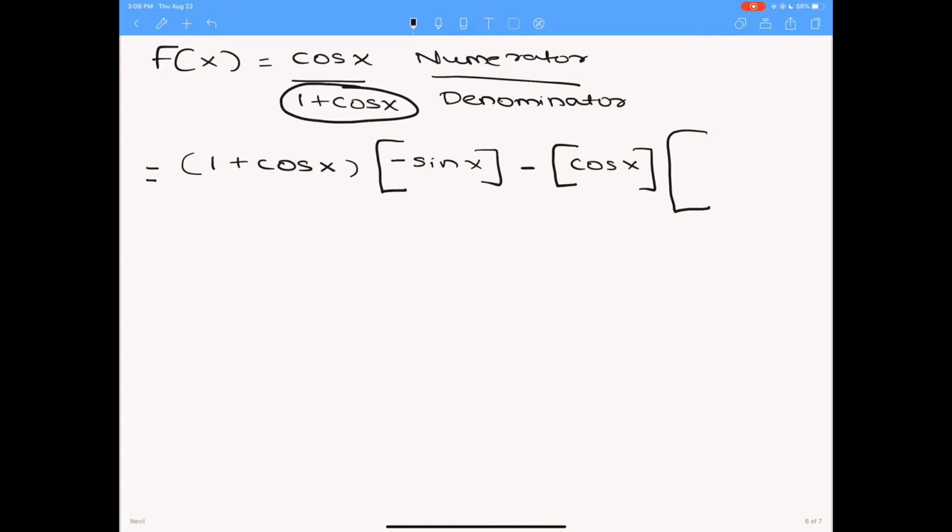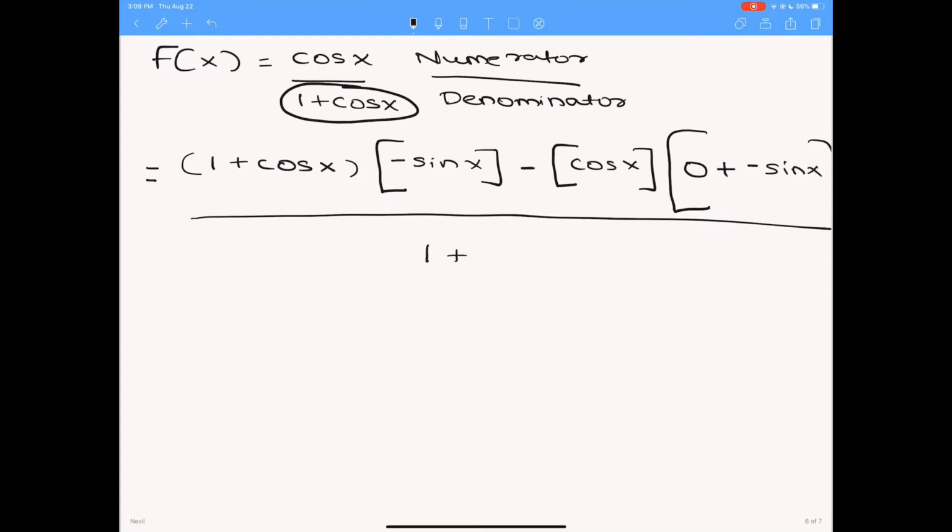The derivative of 1 is 0, plus the derivative of cosine x, which is what we just found, negative sine x. Whole divided by, so for a quotient rule, you divide by the denominator of the question itself and just square it.